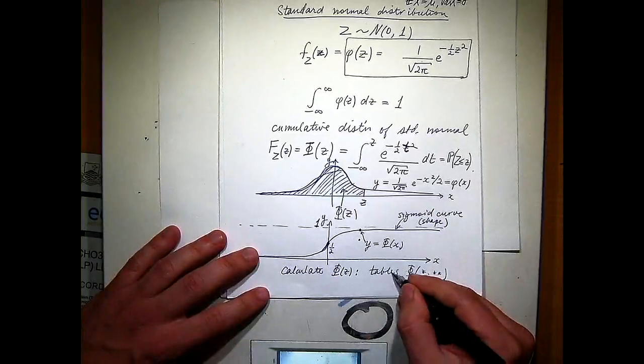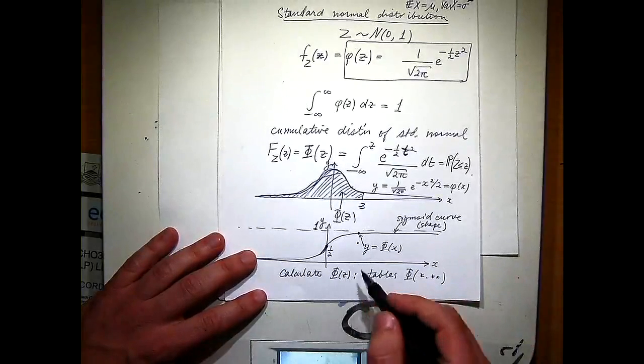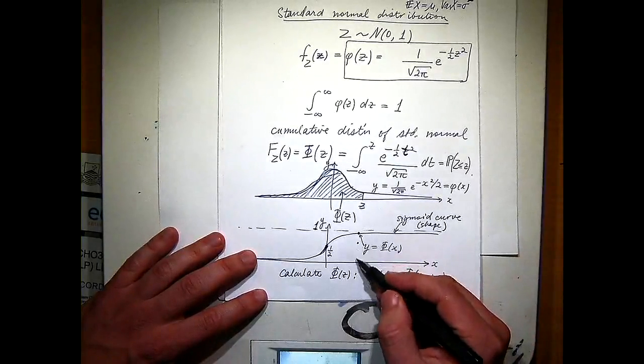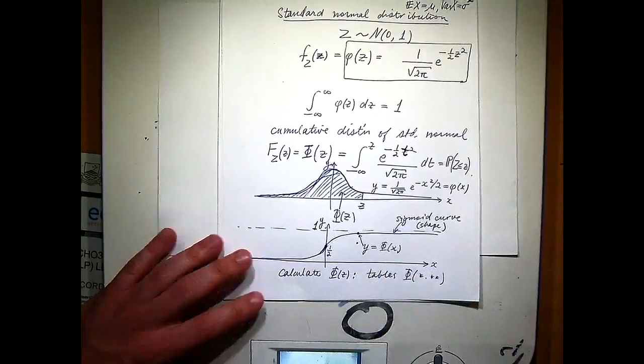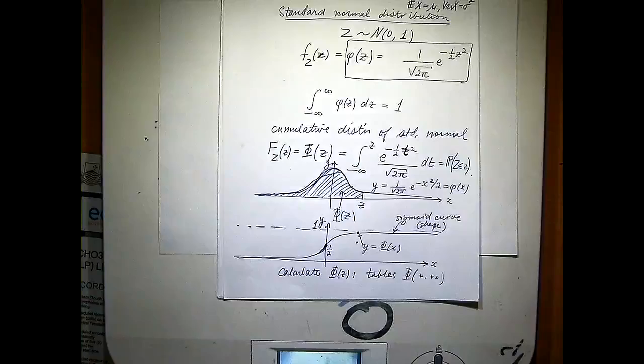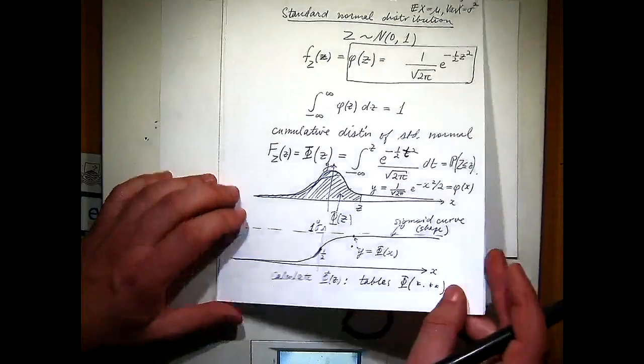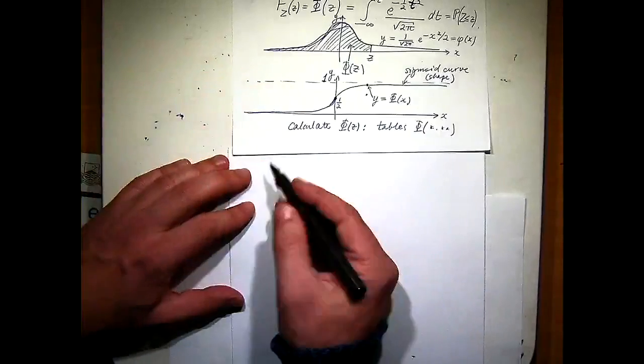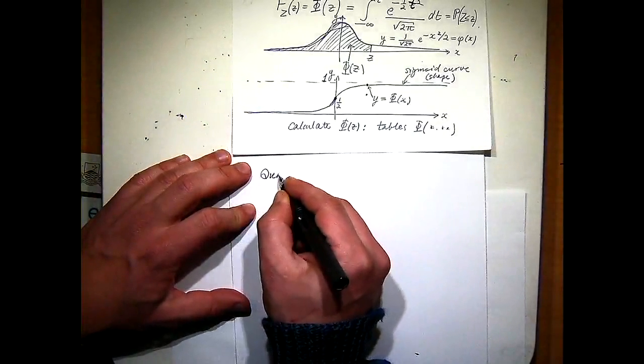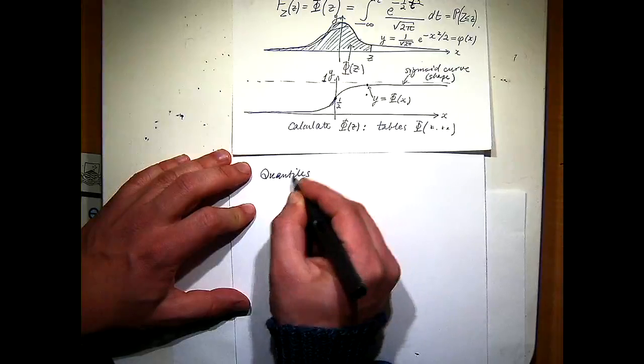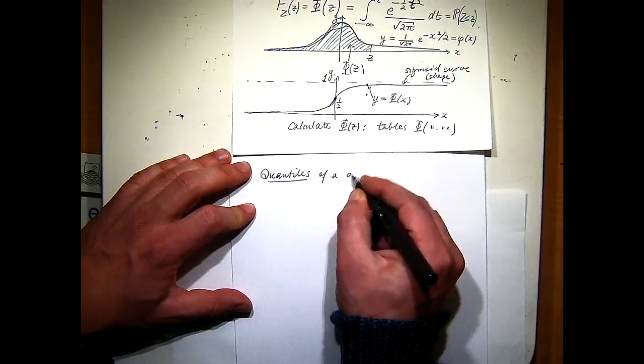Now, that's all well and good for finding probabilities given an x coordinate or a z. You can go the other way, and that's called the quantiles. So I might refresh your memory about quantiles. Okay, so you forgot. Quantiles of a distribution.